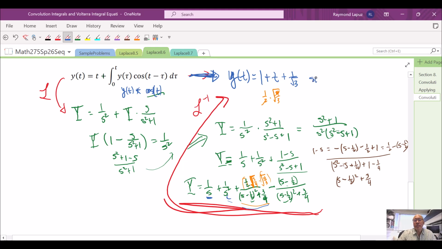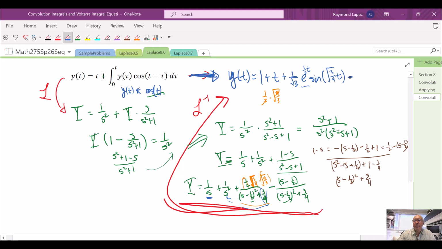So this is a sine, and I'm leaving a space here because it's a shift in the s world. So this is going to be a sine of the square root of 3 over 4 t. And then the shift is a shift of 1/2. So this is an e to the positive 1/2 t. All right, so there's a positive 1/2 t there.